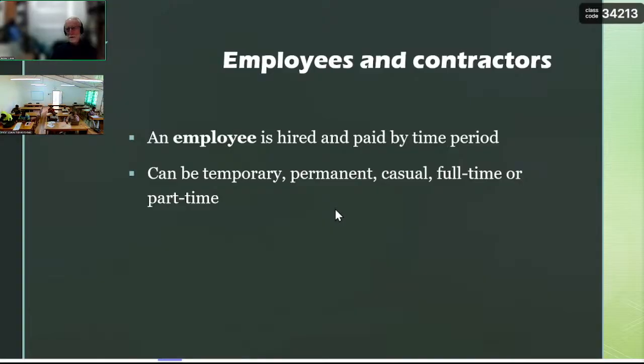It all depends on who they are, what their needs are, what their availability is, what you need them to do. So you come up with an agreement between you and the employees. And of course, although some employees are paid in cash, others have bank accounts, and you just transfer the money directly into their bank account.